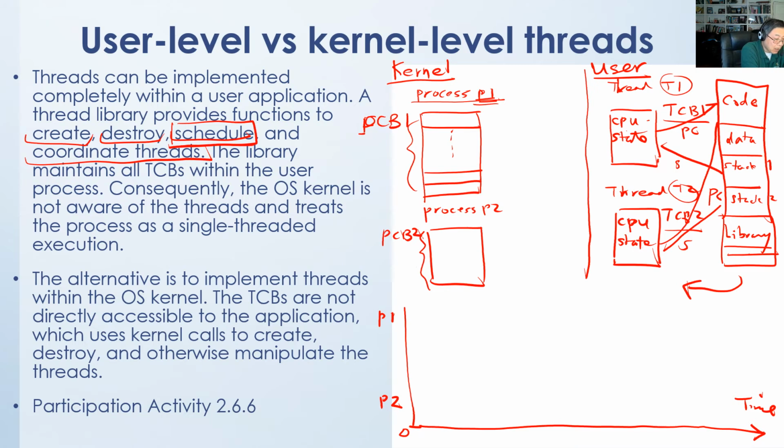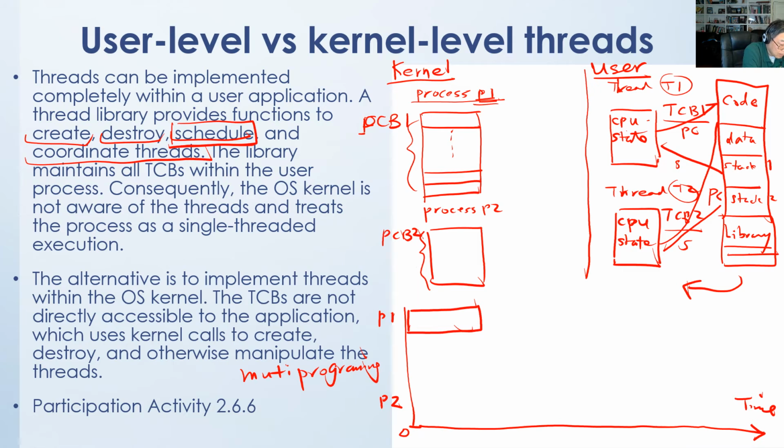Now, if the computer system supports multi-programming, the operating system is going to allocate, using the scheduler, the process 1. So it actually allocates the CPU to process 1. So the CPU is going to run process 1.